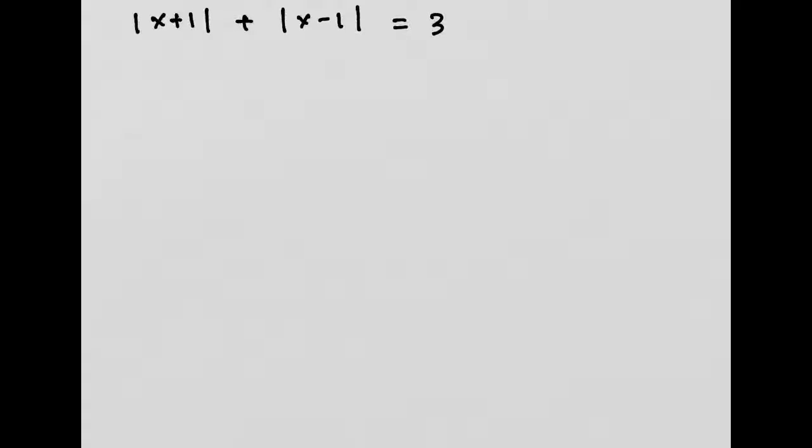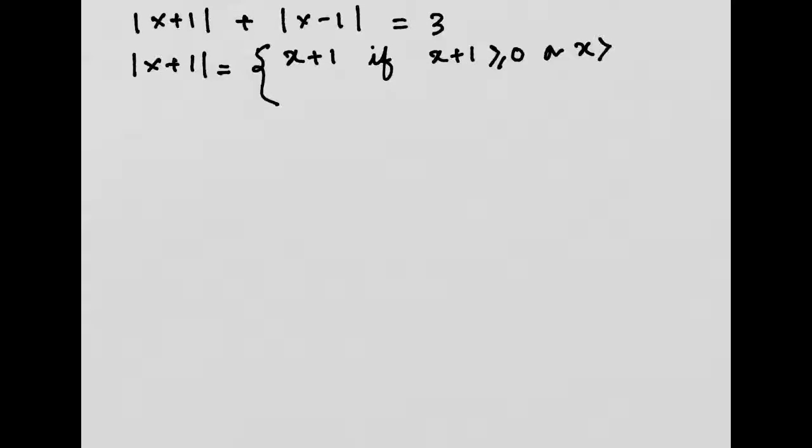Modulus of x plus 1 I am writing as x plus 1 if x plus 1 itself is greater than or equal to 0, or x greater than or equal to minus 1. Again it is minus x minus 1, multiplying that minus sign with both, if x plus 1 itself is less than 0, or x less than minus 1.